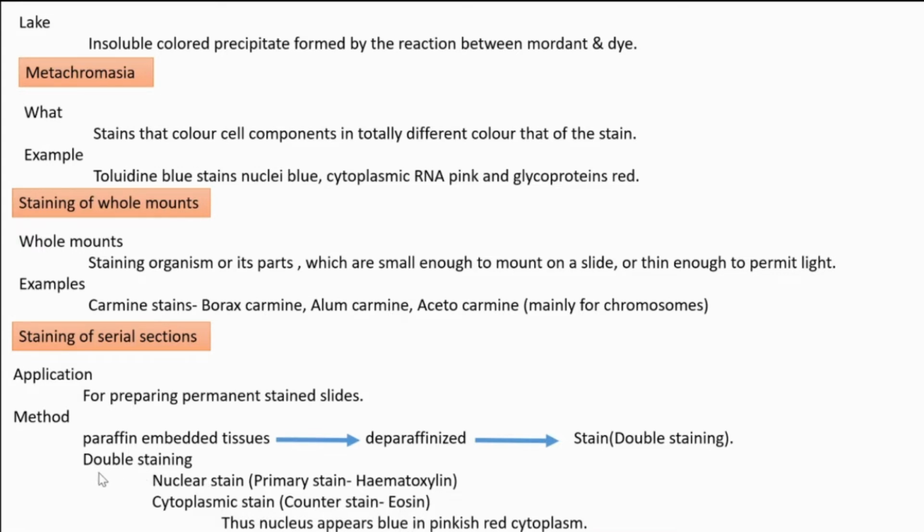After applying double staining, the nucleus appears blue in a pinkish red cytoplasmic background. It is called double staining because two stained counterparts are present. Nuclear stain is the primary stain and cytoplasmic stain is called the counterstain.